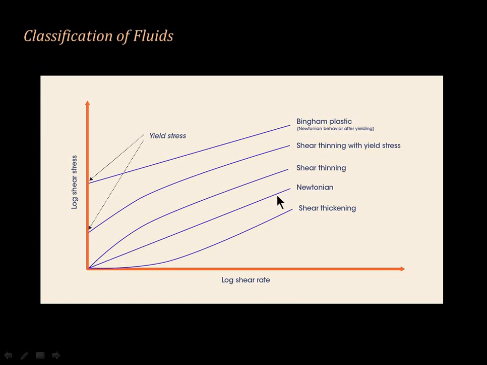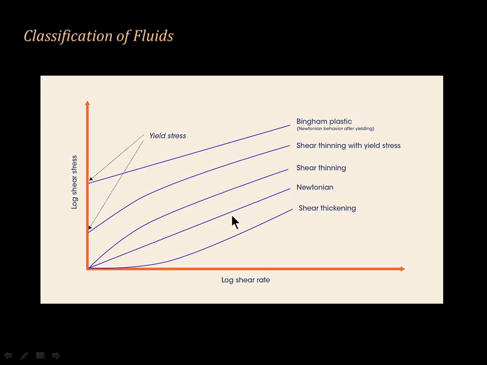With the increase in shear rate, shear stress increases, or with the increase in shear stress, shear rate increases. So the relation between shear stress and shear rate is directly proportional, or somewhat directly proportional, in the case of Newtonian fluid.